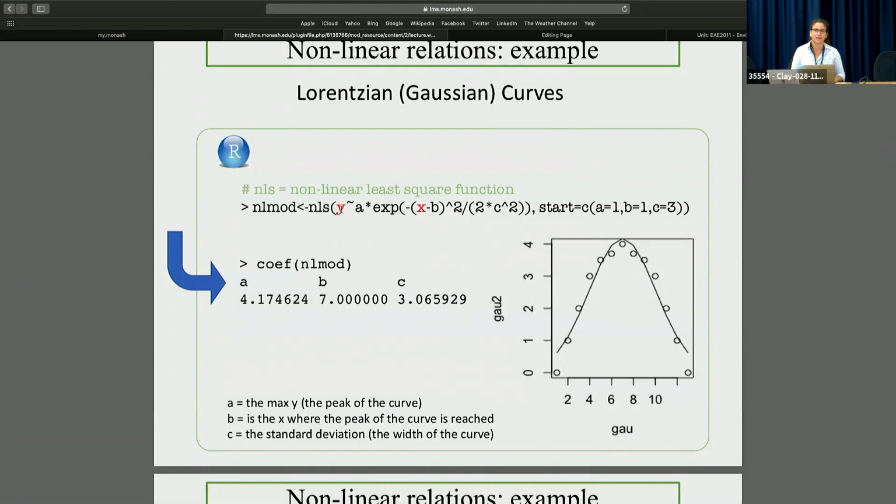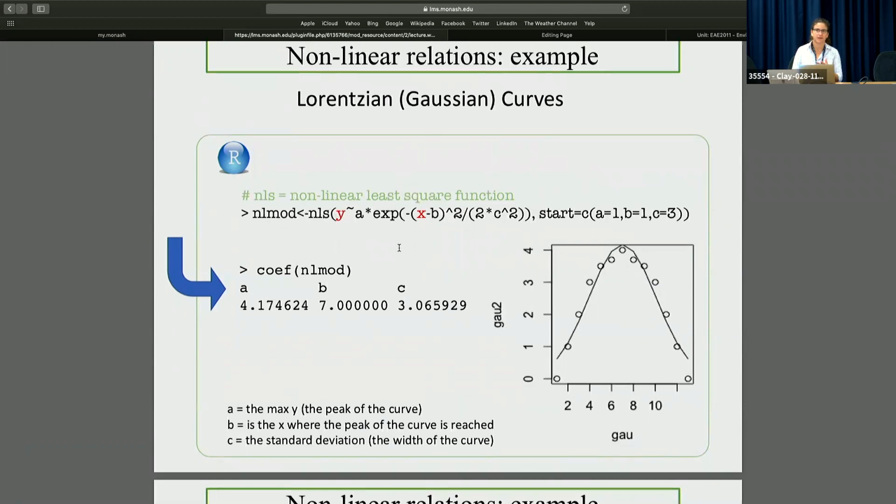Of y, same idea, as a function of, only this time I'm putting in a Lorentzian equation, which is a times the exponent, x is here. The colors are just to show you; you don't put it in with color. And A, B, C, but now I need to determine where to start.